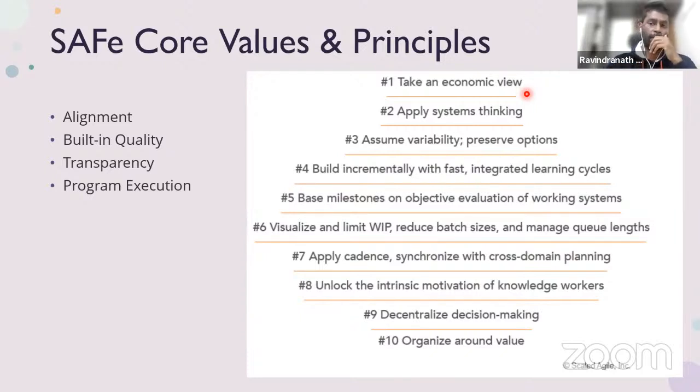Unless you take the economic view, unless you structure it, unless you prioritize it, you have got features, epics, capabilities in their respective backlogs, dying there for very long. What are you going to do with those things unless you prioritize them? There is a beautiful prioritization model in SAFe, which is WSJF, weighted shortest job first. You do it, you take care of it. The rest of the things will automatically be taken care of.